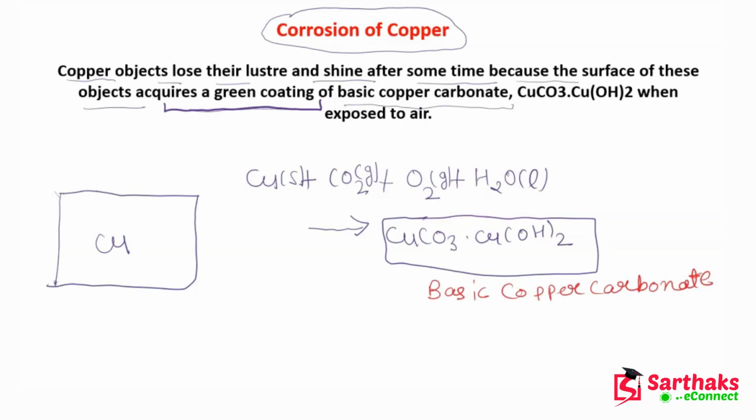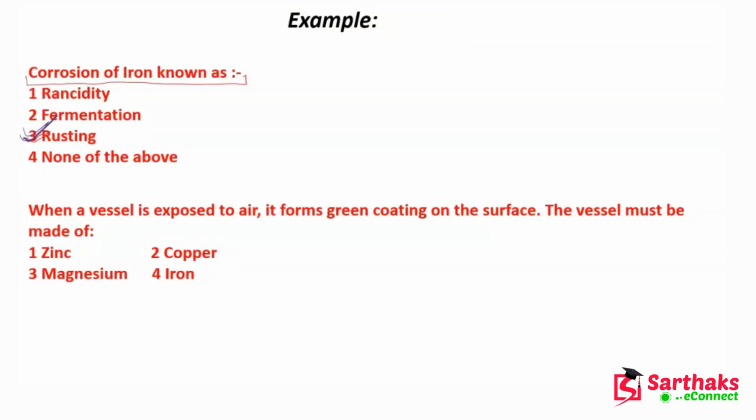So in this question it is said that when a vessel is exposed to air, it forms a green coating on the surface. So this vessel must be made of copper. This is our right option.